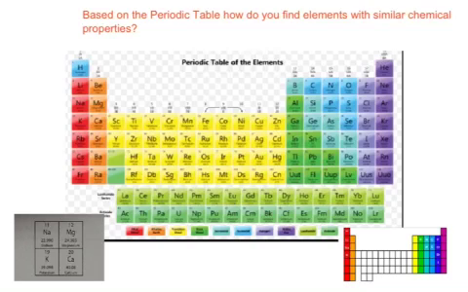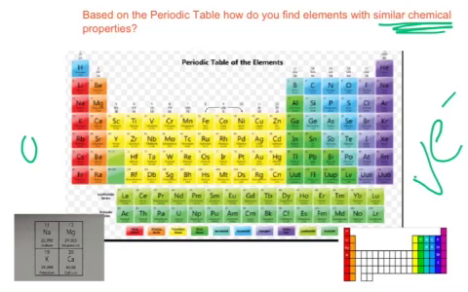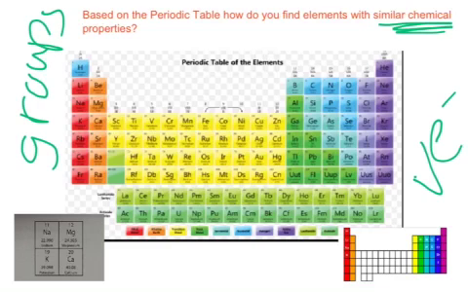Okay, based on the periodic table, how do you find elements with similar chemical properties? Remember, when we're looking for chemical properties, we're looking at our valence electrons. Our elements are arranged on the periodic table according to their groups, and the groups have to do with the valence electrons.